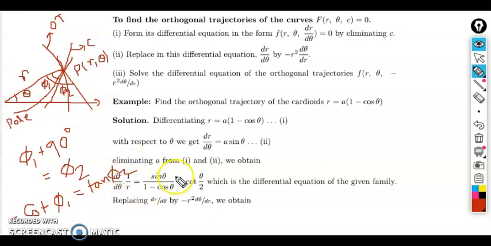Okay, so according to the definition, tan phi, here we write the formula of tan phi. What is tan phi? The angle the radius vector makes with the tangent is known as phi.